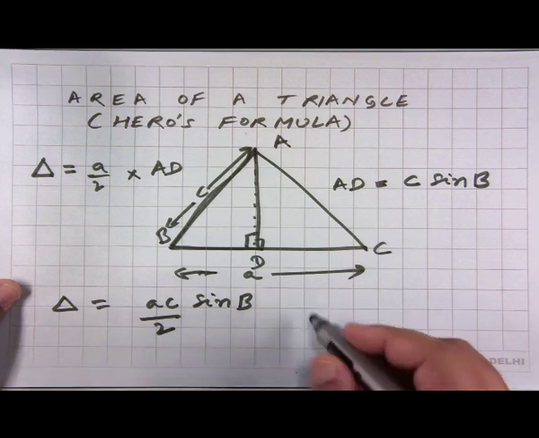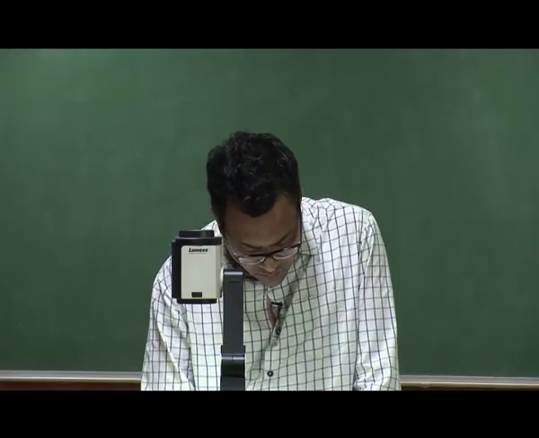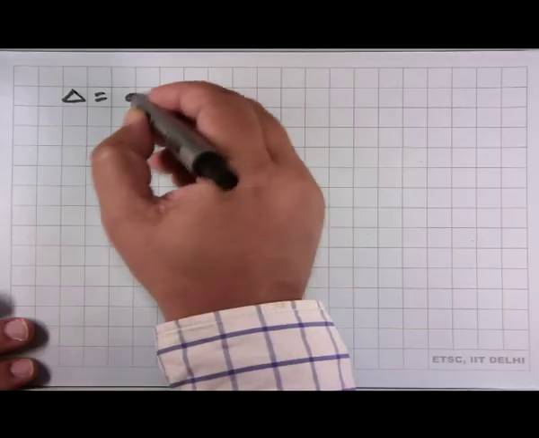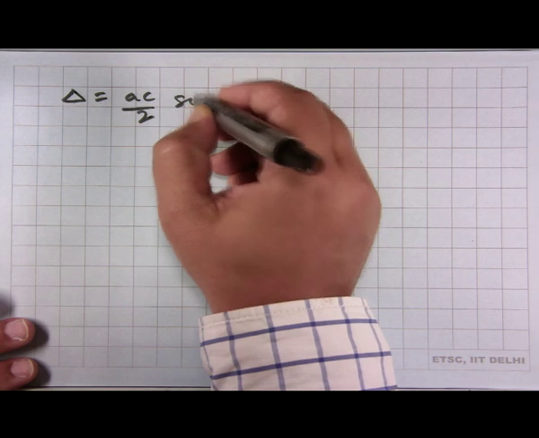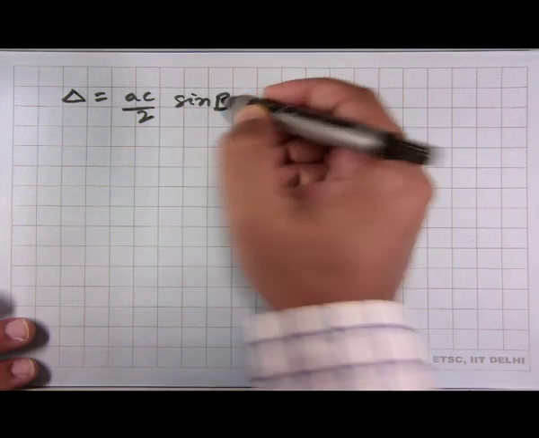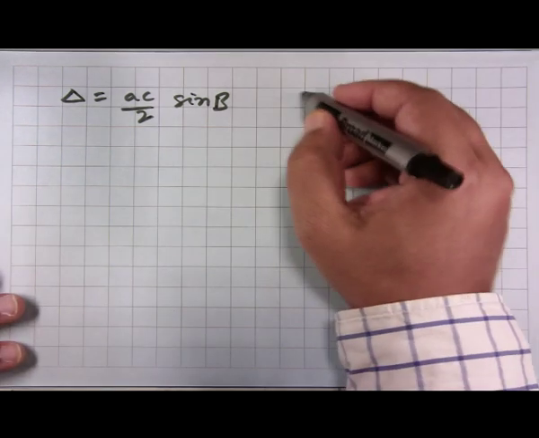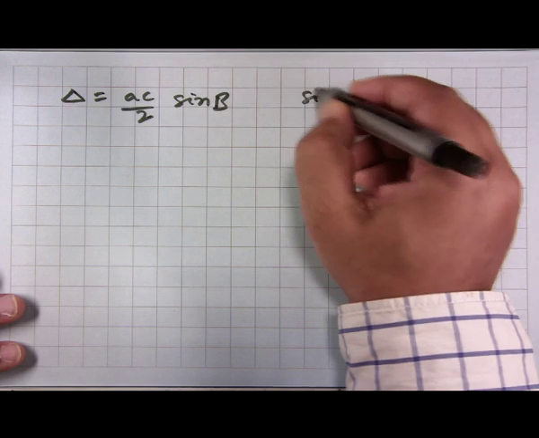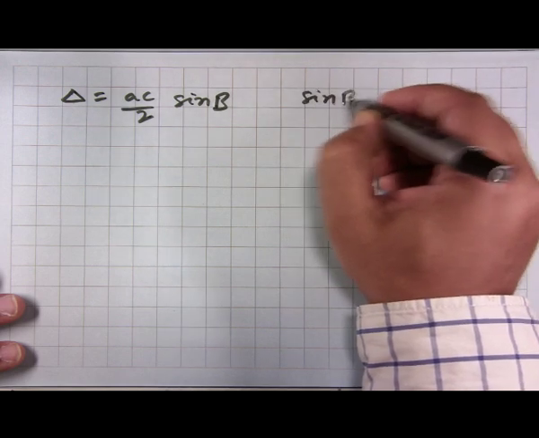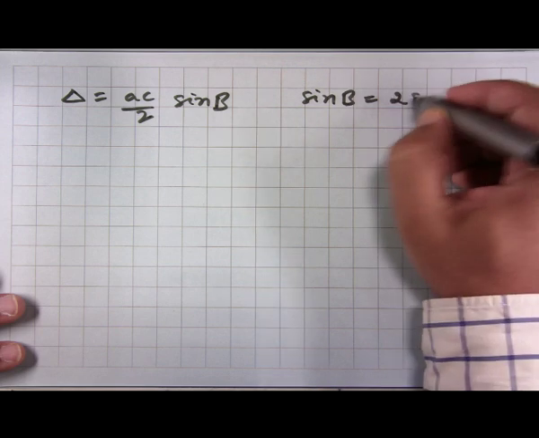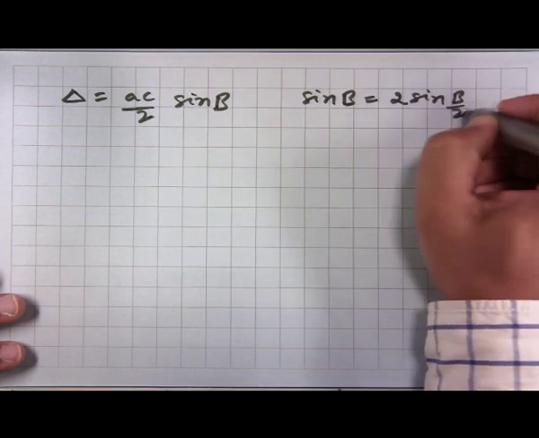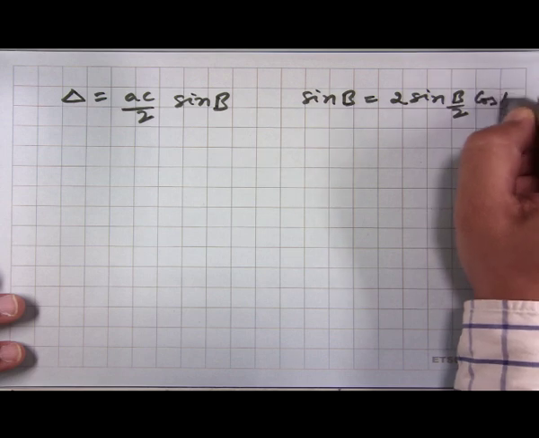go further ahead, and so we will now make use of the expressions for the half angles, because we know from the trigonometric identity that sine B is equal to 2 sine B by 2 into cos B by 2.